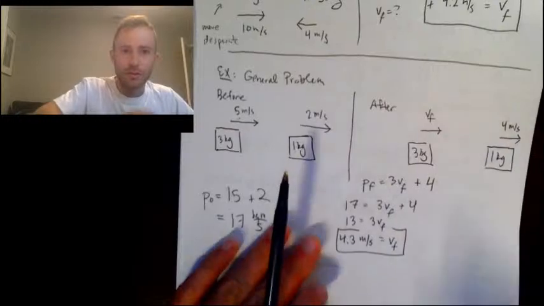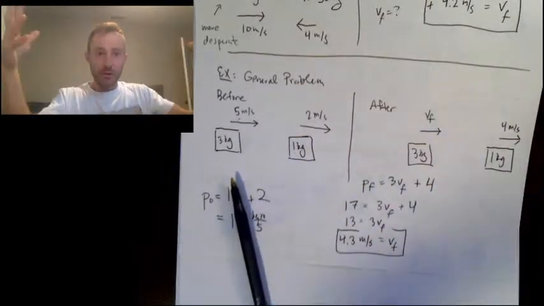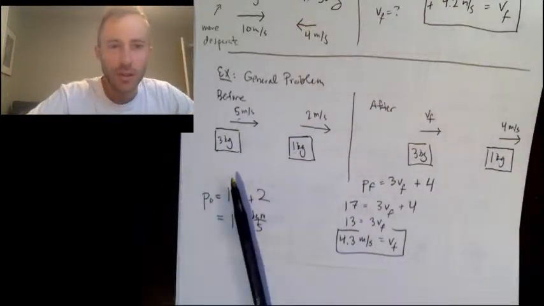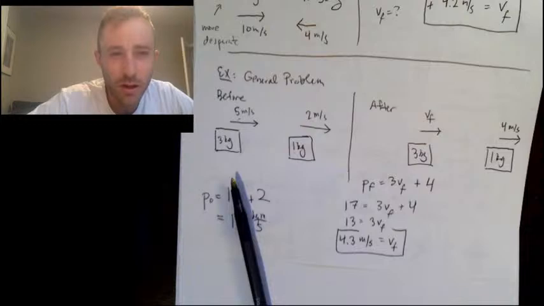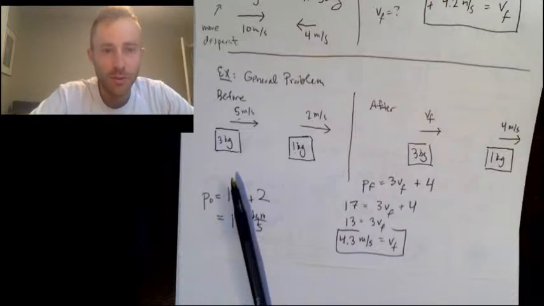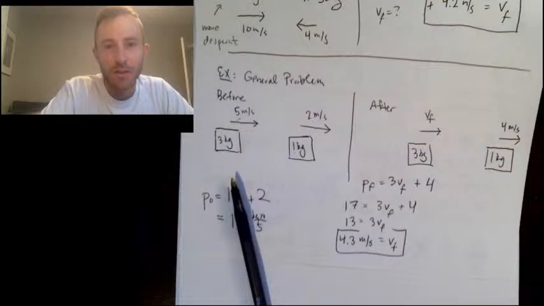One thing I want to say is that momentum is also conserved if you have collisions of 3 things simultaneously or 4 things or however many things are colliding simultaneously. Momentum is still going to be conserved. Generally speaking, though, usually you just do a collision of two things, and the reason is that in nature, it's a lot less likely for 3 things or more to be in the same location at the same time than it is for 2 things.